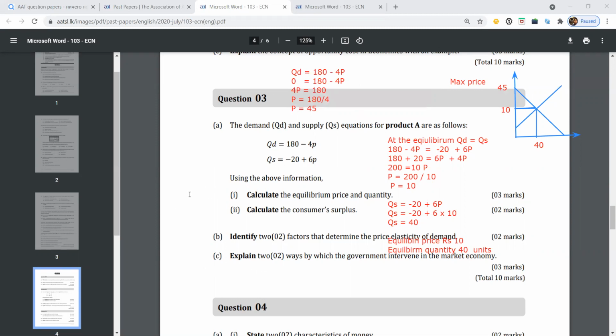Then the consumer surplus equals maximum price 45 minus equilibrium price 10, multiplied by quantity 40, divided by 2.